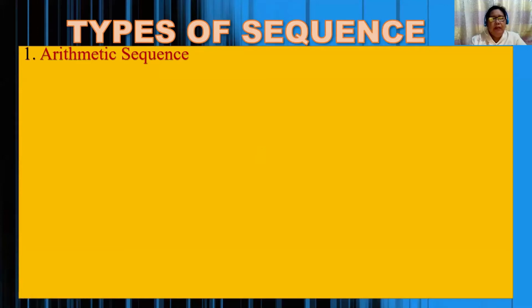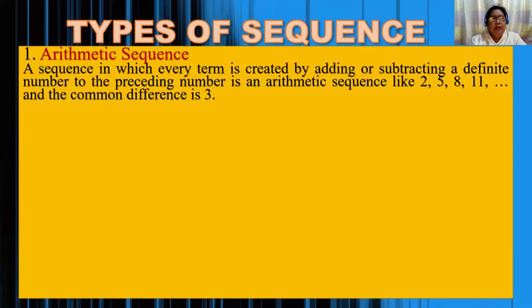First, we have the arithmetic sequence. A sequence in which every term is created by adding or subtracting a definite number to the preceding number is an arithmetic sequence, like 2, 5, 8, 11, and so on. And the common difference is 3.